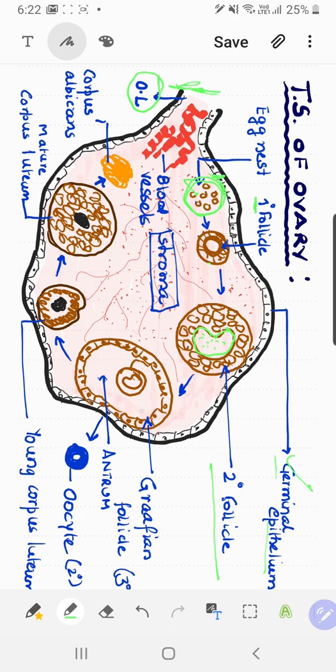The cell enlarges more. Now secondary follicle turns into Graafian follicle. Graafian follicle is also known as tertiary. That's why 3 is written here. Tertiary follicle. Graafian follicle name has come from the inventor of this structure, that is Sir De Graaf, right? Graafian follicle is characterized by the ovum in the center and the cells surrounding.